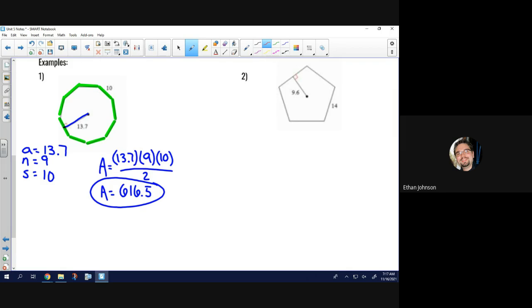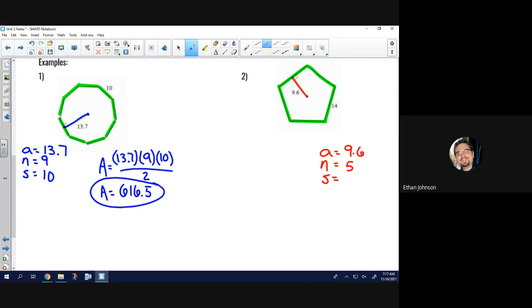I'm going to, for number 2, automatically write A equals, N equals, S equals. Go ahead, try doing number 2. So on number 2, our apothem, the distance from the center to the edge, is 9.6. N, number of sides, well, this shape has 1, 2, 3, 4, 5 sides.